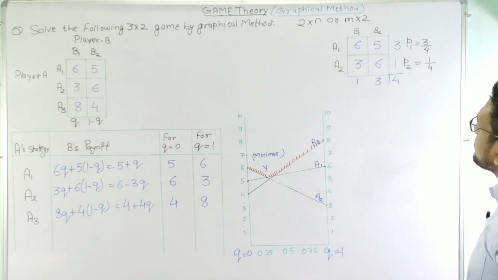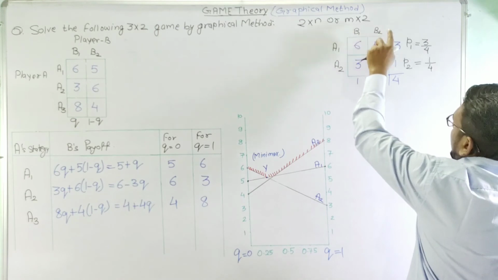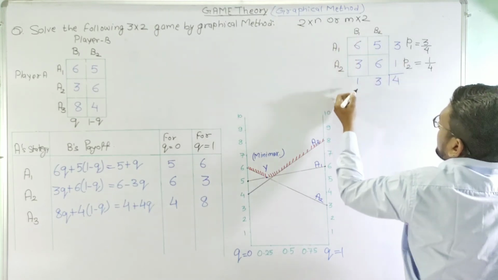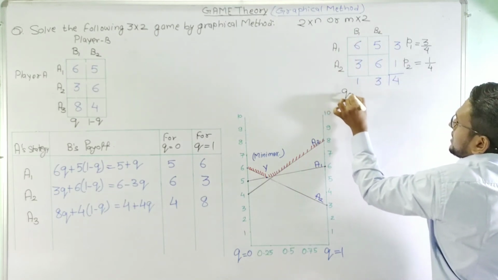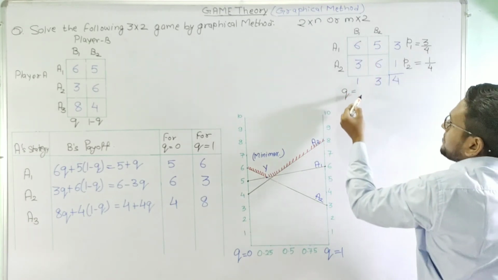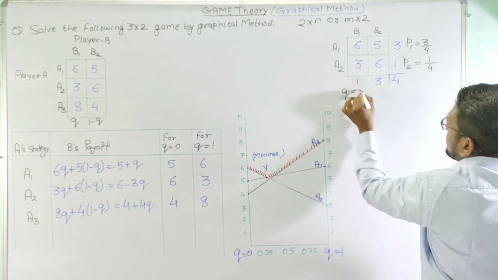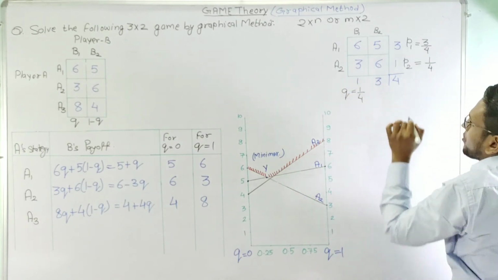In a similar manner, we can calculate the probabilities for player B for B1 and B2. For B1, we have already selected that Q is the probability of player B playing strategy B1, and this is equal to 1 divided by 1 plus 3, which is equal to 1 by 4.